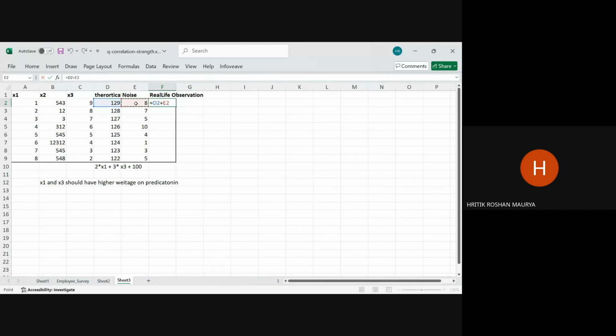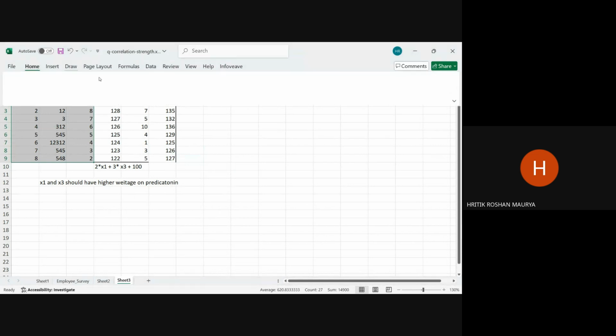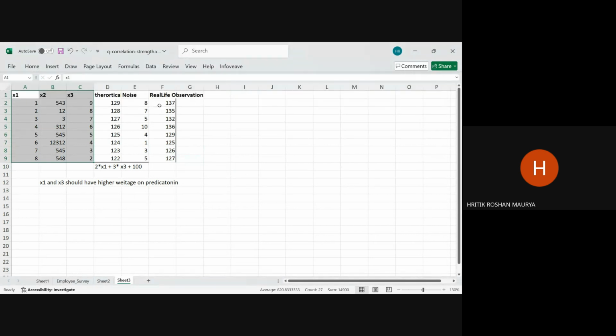This is the real life data set. This is our main file, and this is our real life example.